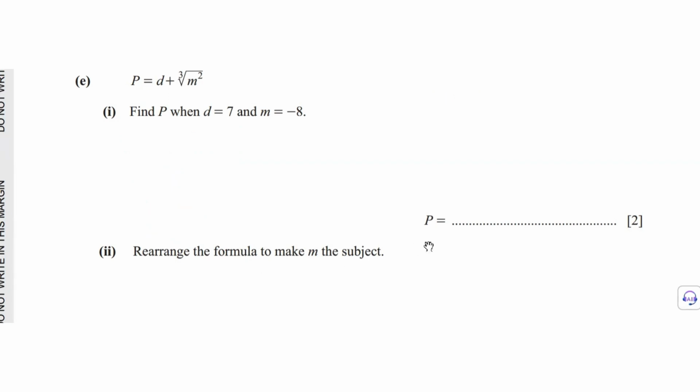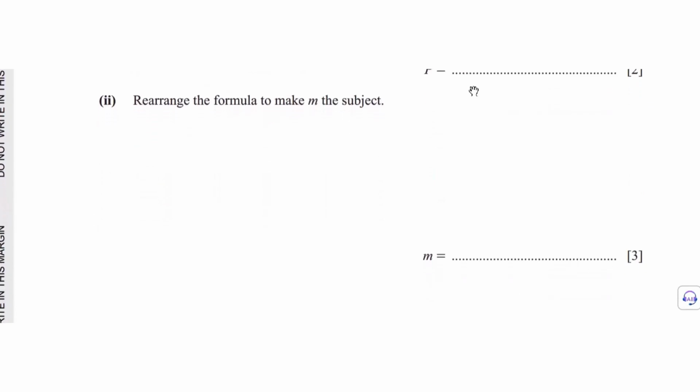Then it says rearrange the formula to make M the subject. So the equation is P equals D plus the cube root of M squared. To make M the subject, first I'm going to take D to the other side. So P minus D equals the cube root of M squared. Now I'm going to get rid of the cube root, so I will cube both sides.